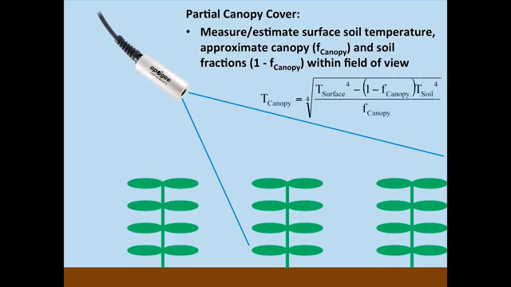Here again, I won't go through the derivation of this equation, but we can use this simple relationship with the measurement of the soil temperature, estimate of the fraction of surface that's soil, a fraction of surface that's canopy, and then the actual surface temperature that we measure with the radiometer, and calculate the canopy temperature.